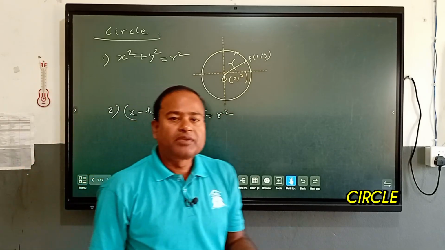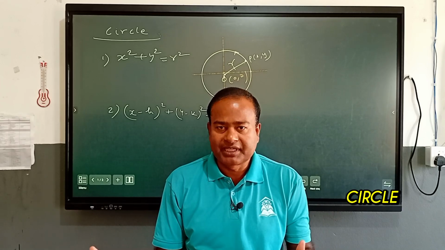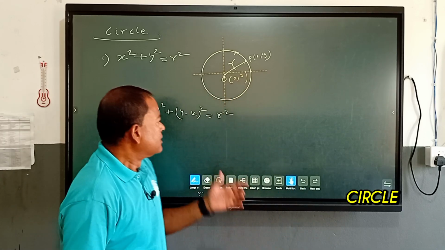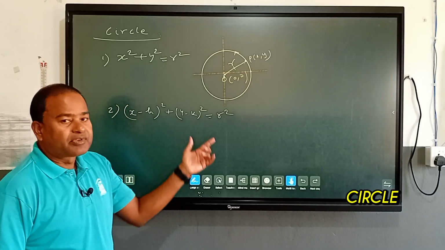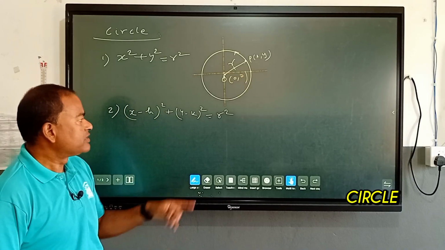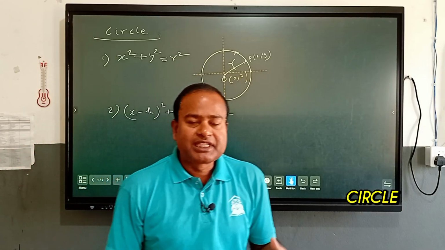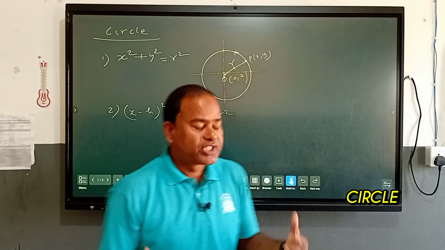Dear students, if the center of the circle is at any point (h, k), then the equation of circle is given by the formula (x minus h) whole squared plus (y minus k) whole squared equals r squared. The equation of circle in this form is known as central form.